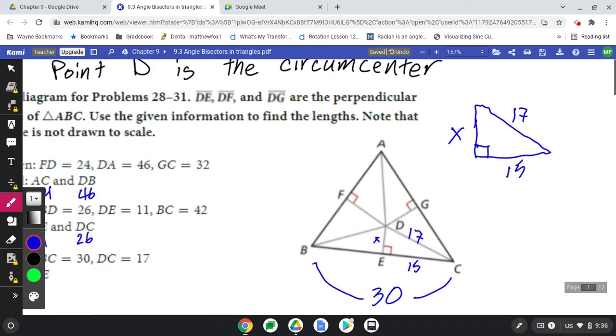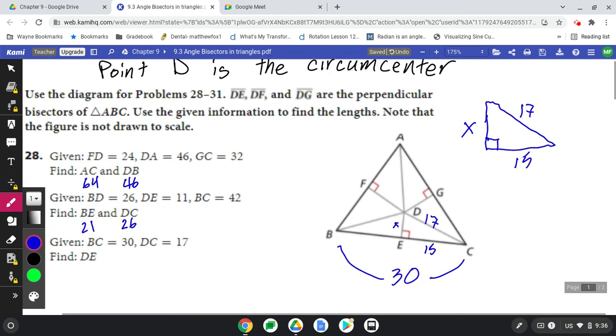And in order to solve this, I know my triangle is not perfect, but we have a right triangle. You might recall we talked about this briefly in August, and also you've used this in the past. We are going to have to solve this using the Pythagorean theorem. So a squared plus b squared equals c squared. Now in this case, c has to be 17 because it's our hypotenuse. It's opposite of the right angle. A and b do not matter, so I'll do x squared plus 15 squared equals 17 squared.